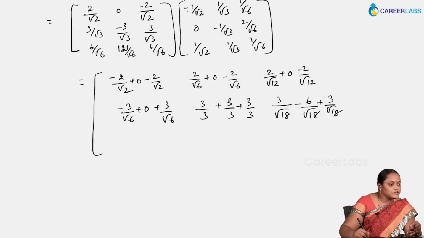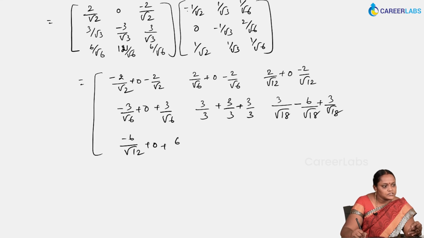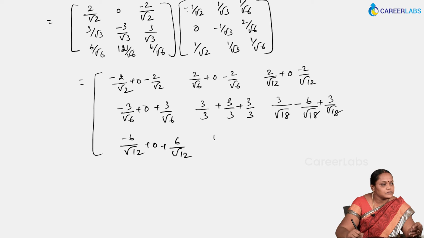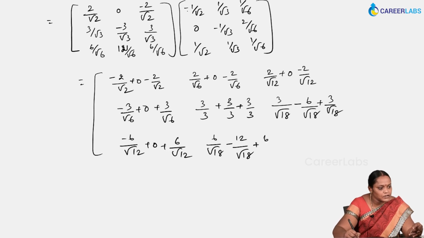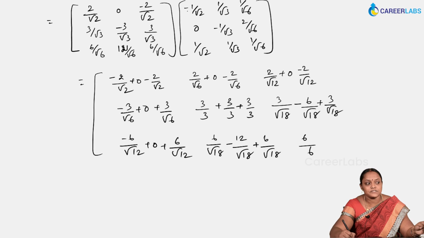And coming to the third row, it is 6 by root 12 minus 6 by root 12, then 0, and plus 6 by root 12. And this element will be 6 by root 18 minus 12 by root 18, and this with this 6 by root 18. Then the last element, root 6 into root 6 will become 6.